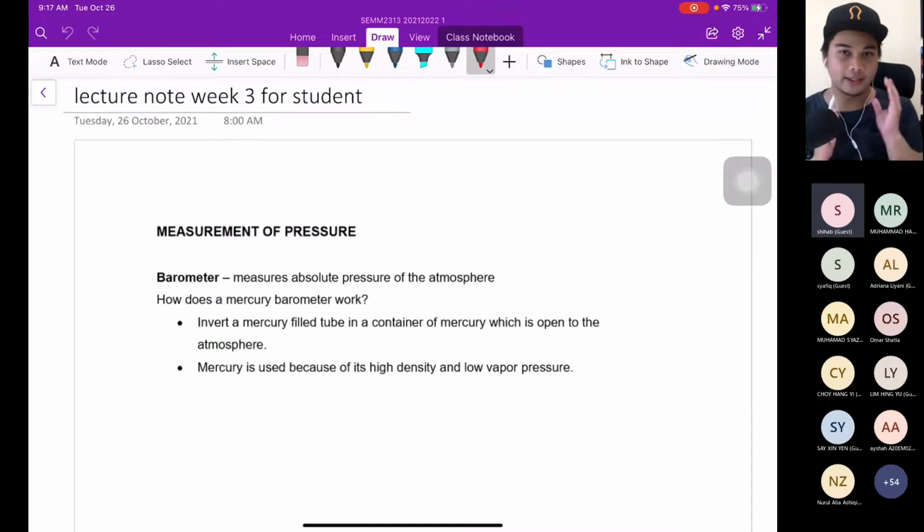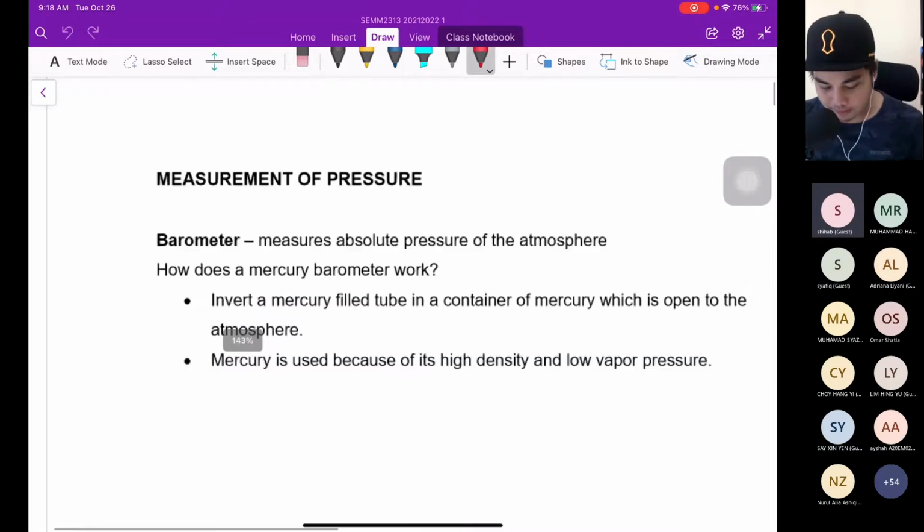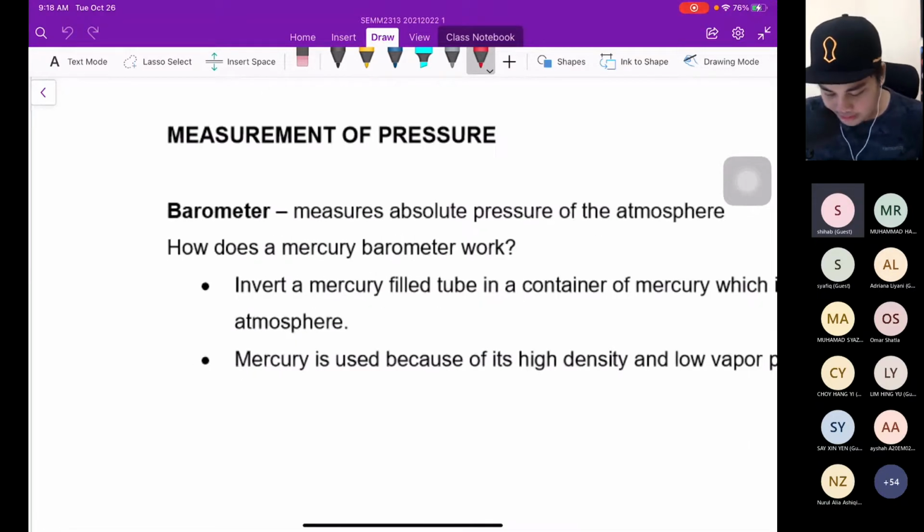That means we need a device to measure the pressure. Remember that it is difficult for us to measure the pressure by sensing. So we need a device that can measure the pressure accurately. So what is the device? The first device is the barometer. Why is it barometer?